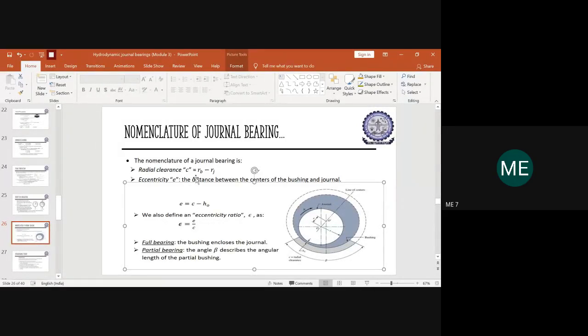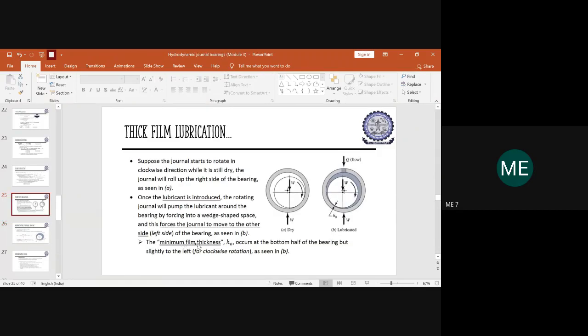After knowing what you mean by the value of C, you should understand what you mean by eccentricity. This eccentricity can be measured by taking the difference between the radial clearance and the minimum film thickness. What we dealt with right now, the minimum film thickness, is nothing but H naught, which is measured across the bottom of the bearing between the journal and the bearing, towards the left direction.